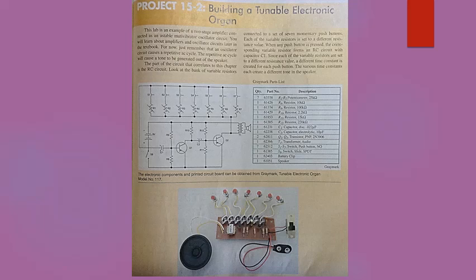The various time constants each create a different tone in the speaker, and you can follow the circuit as shown. The parts are also described on the middle right, and what the circuit may look like is at the bottom of your screen.